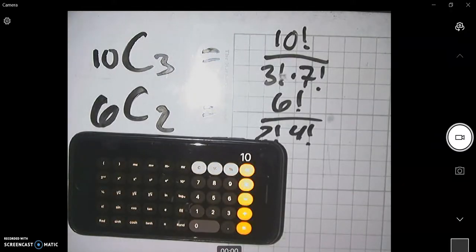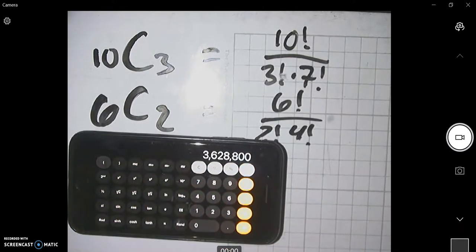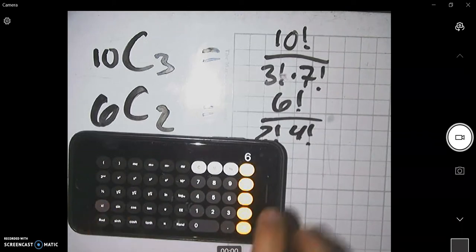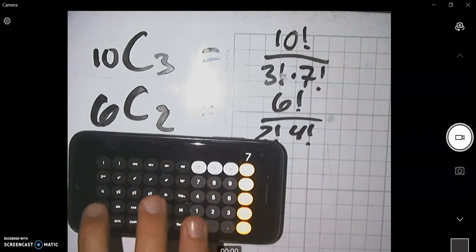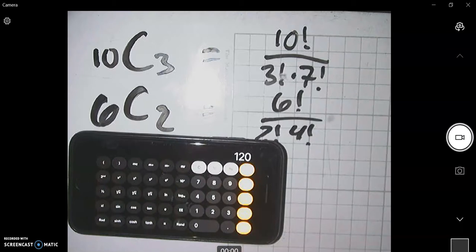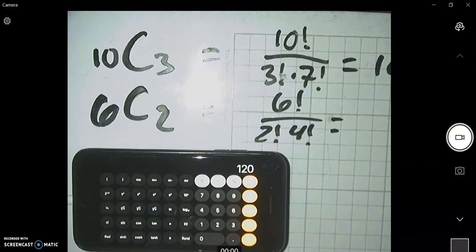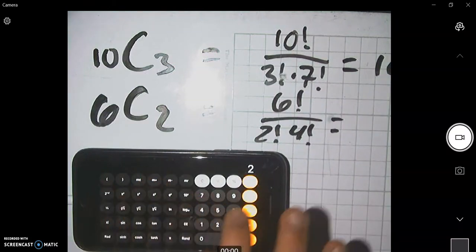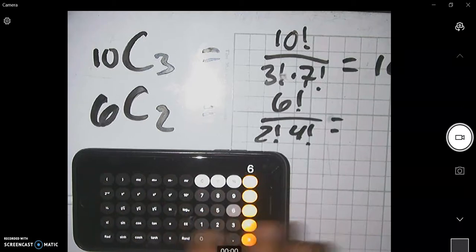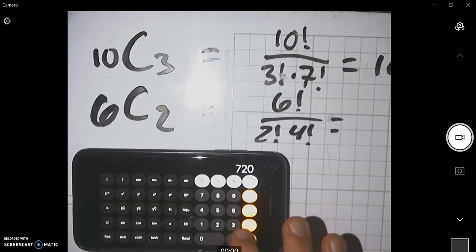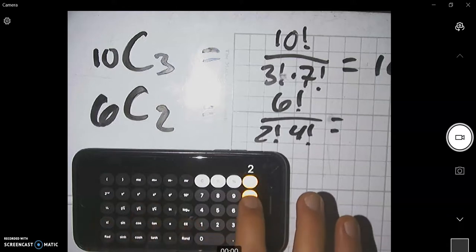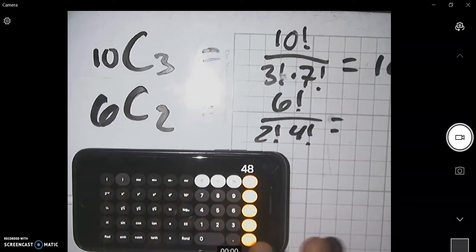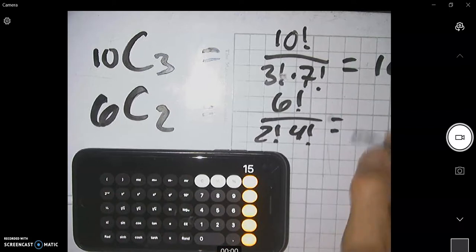So the first one, 10 factorial divided by, parenthesis, 3 factorial times 7 factorial, close parenthesis, equals 120. Let's do the bottom one now. 6 factorial divided by 2 factorial, I forgot my parenthesis, start over. 6 factorial divided by parenthesis, 2 factorial times 4 factorial, close the parenthesis, equals 15.